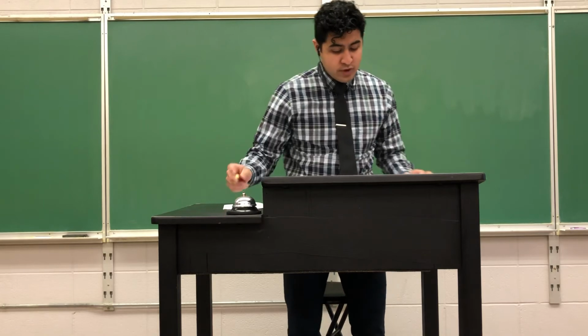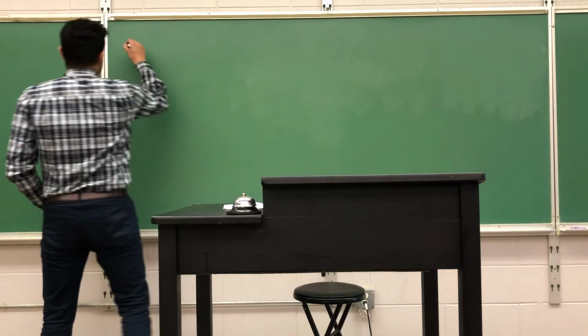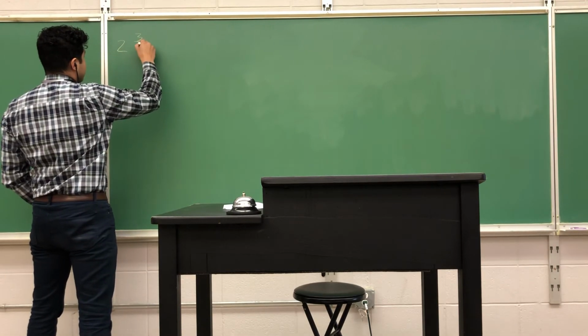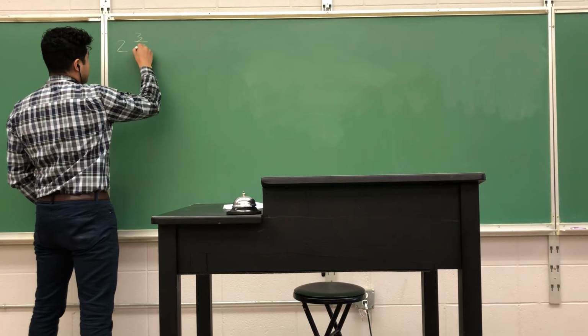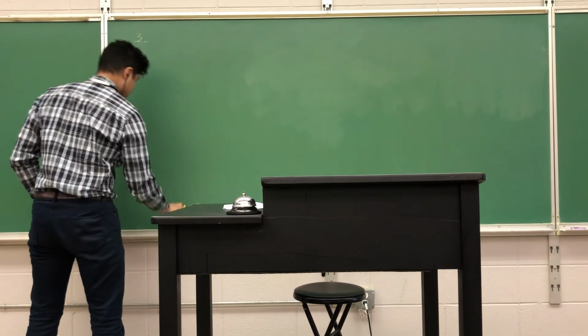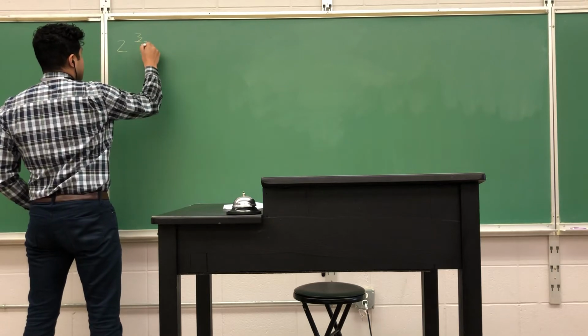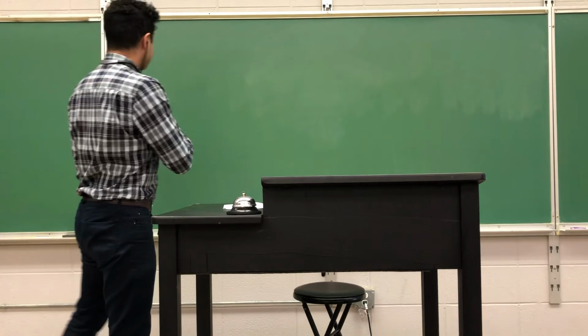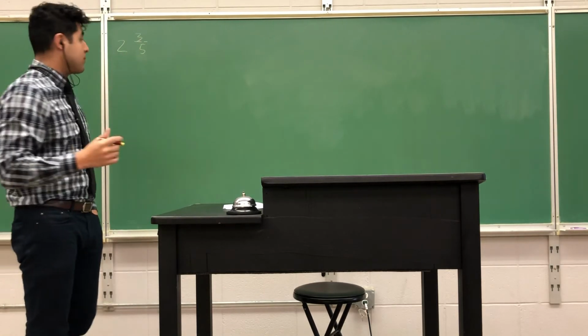So, number 1, what is the reciprocal of 2 and 3/5? Okay, so we have our whole number 2 and 3 as our numerator and 5 as our denominator to make 2 and 3/5, okay? Now, before we can change this number into a reciprocal, we need to change this mixed number into an improper fraction.